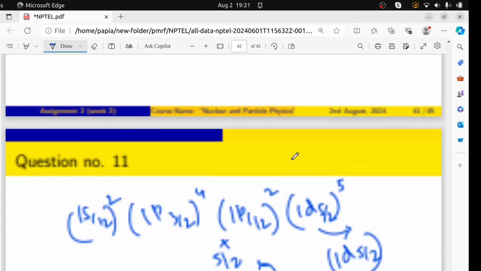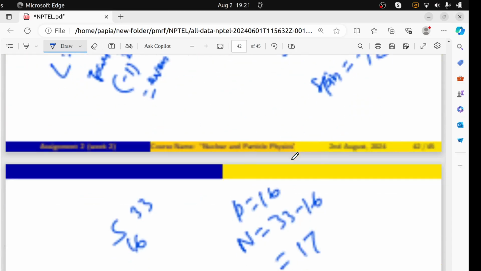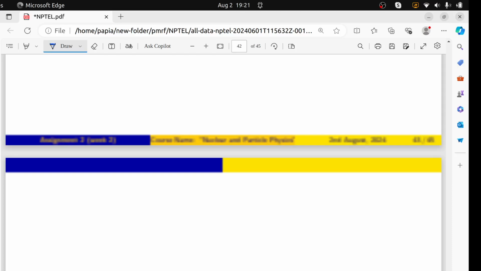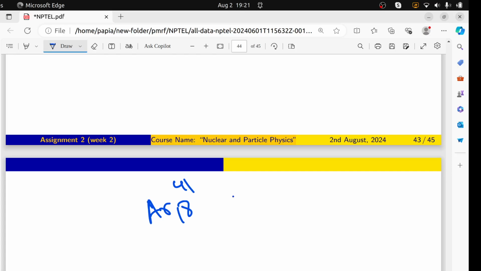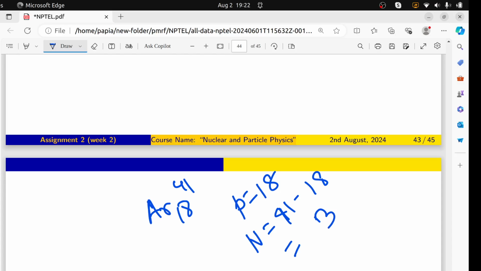The next one is argon-41. For argon, proton is 18, and neutron is 41 minus 18, so it is 23.